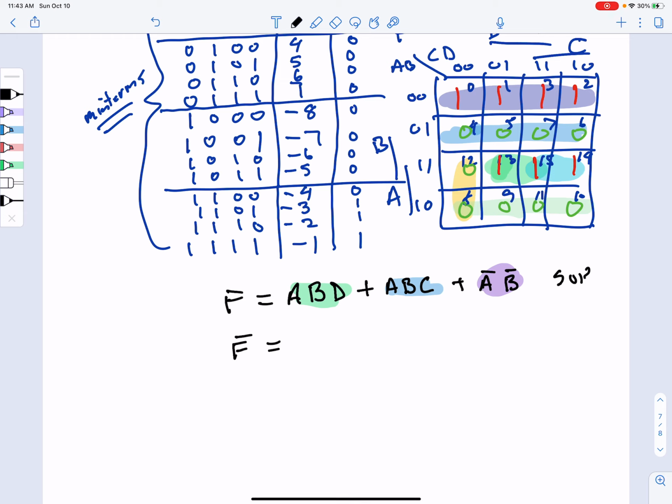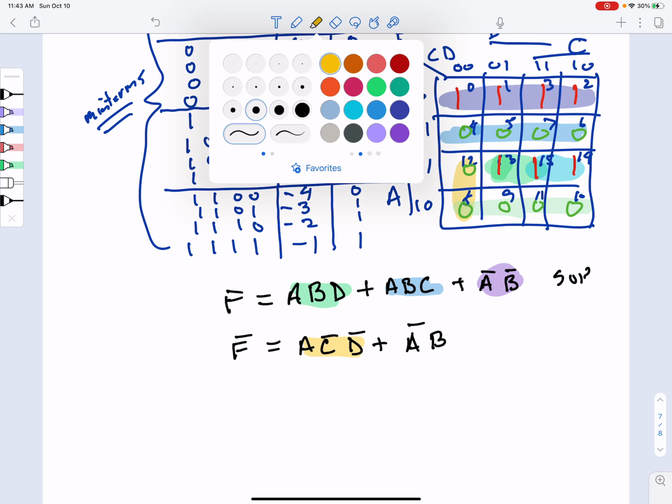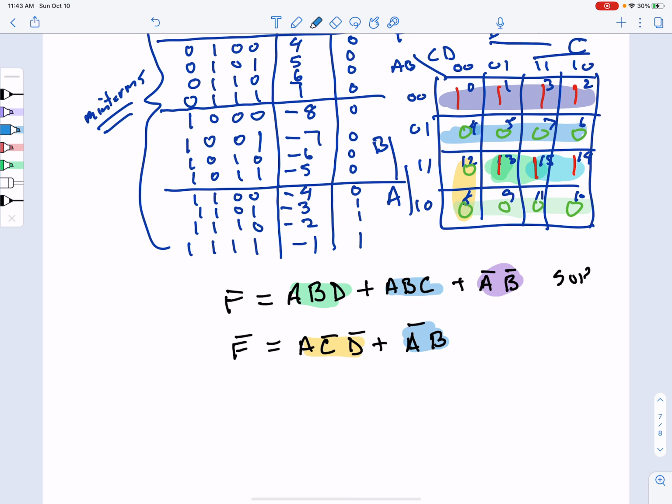The first yellow term would be inside of A, it spans B, it's outside of C, and outside of D. For the blue group, we are outside of A, overlapped with B, and we span C and D. Finally, the green group: we're inside of A, outside of B, and we span C and D. That'd be the green grouping.